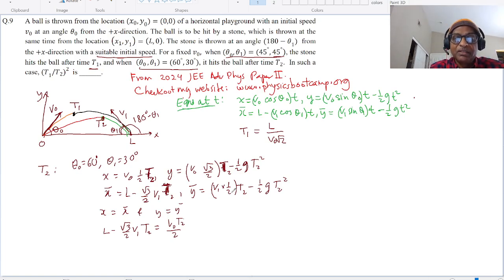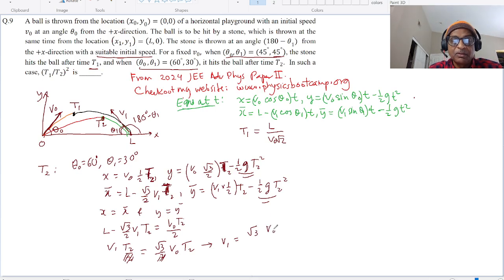And from these guys going to cancel out, and I'm going to get v1 T2 over 2 equals square root 3 over 2 v0 T2. Of course, 2 will cancel out from this, and so this will give me v1 will be square root of 3 v0, and T2 cancels out.